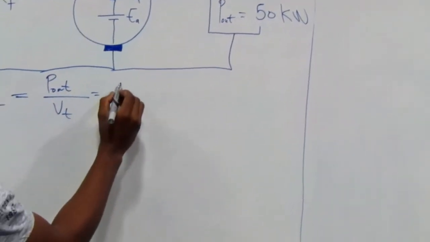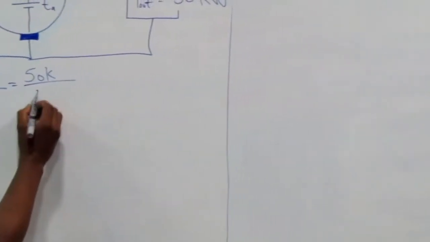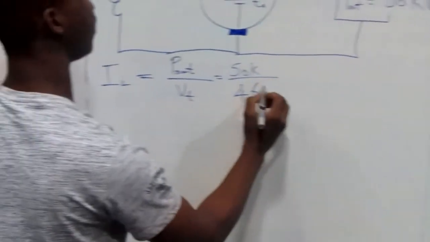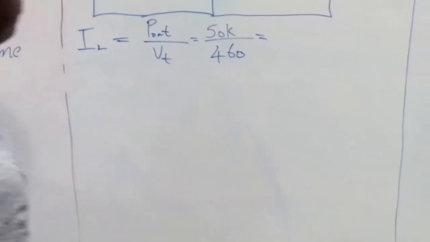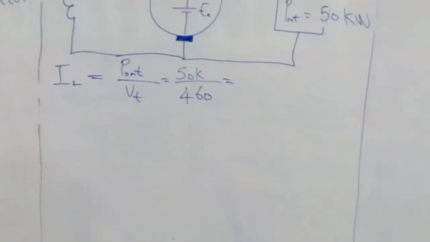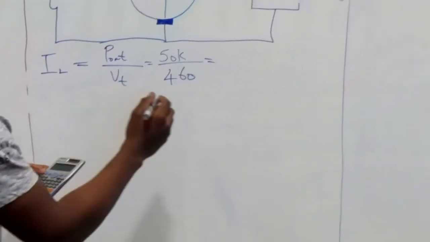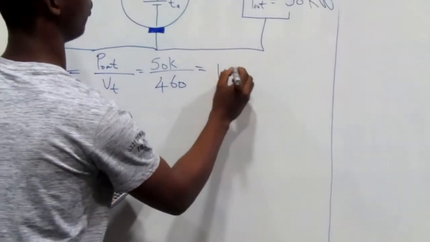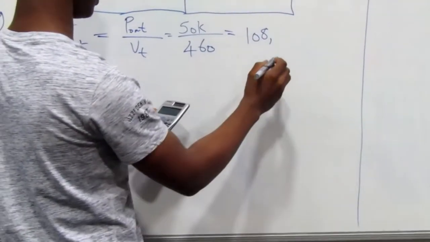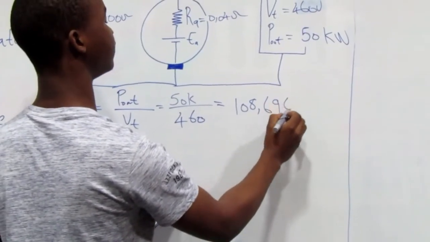Our power output is 50 kilowatts over 460 volts, which is 50 kilo divided by 460. We get 108.696 ampere.